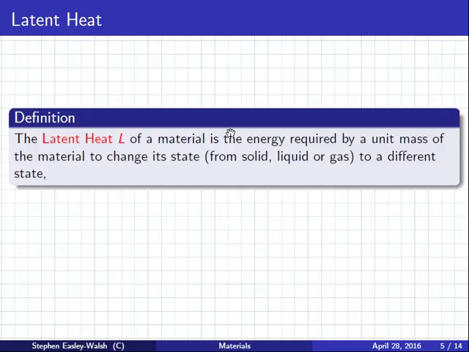So latent heat of a material is the energy required by a unit mass of the material to change its state to a different state without changing its temperature. So it's how much energy you need to only change the state, not to change the temperature.